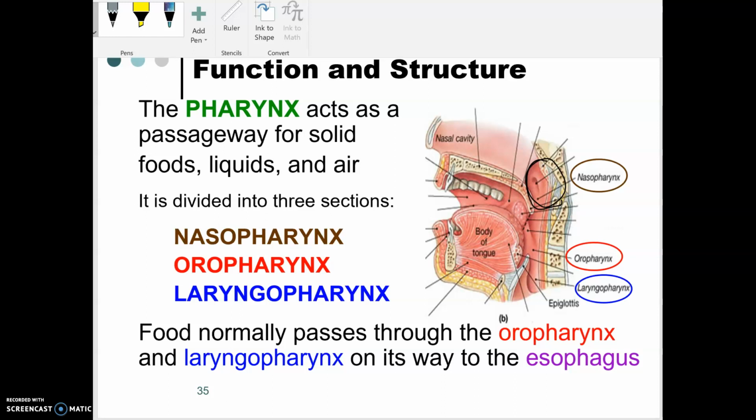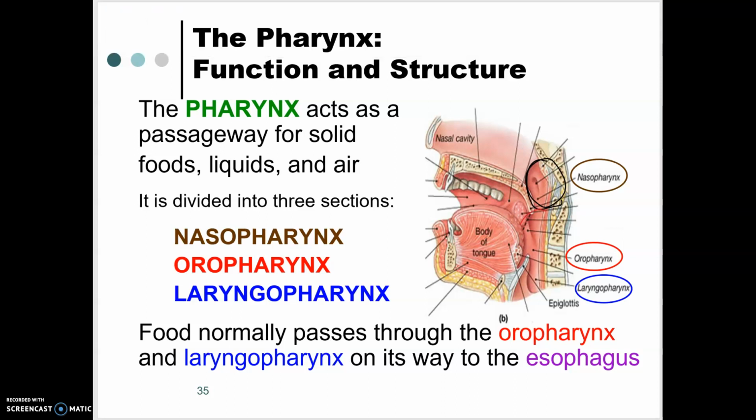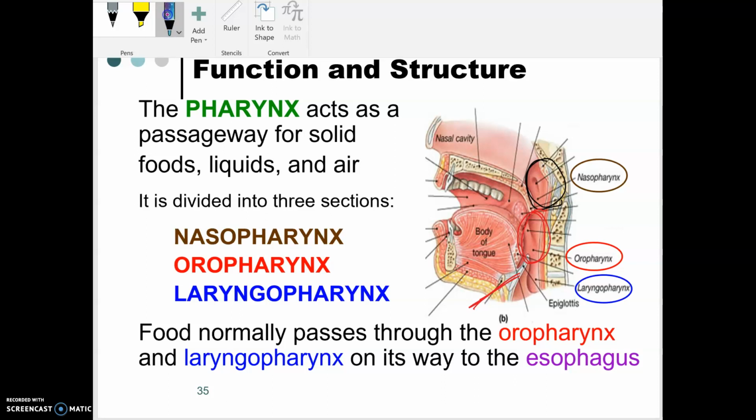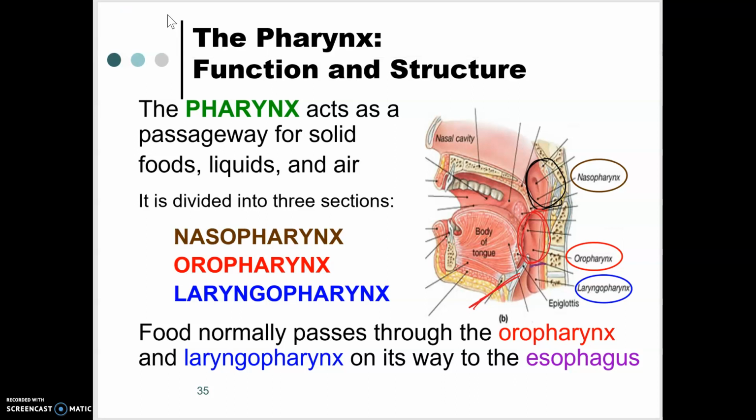The next part is the oropharynx, and that's going to be the area from the bottom of the nasal pharynx to the top of the epiglottis, and the epiglottis is this structure right here. And then below that we're going to have the laryngopharynx, which is the area below the oropharynx and moving down into the esophagus.